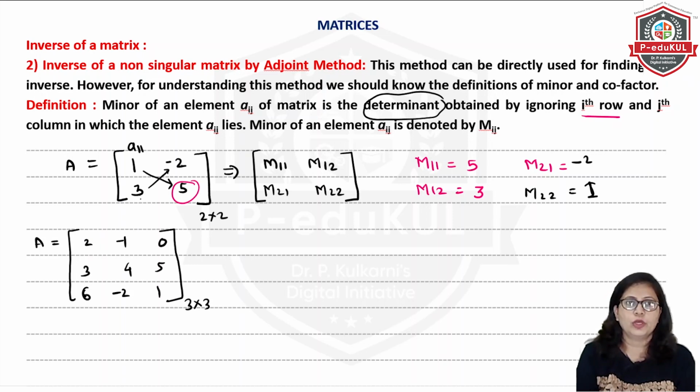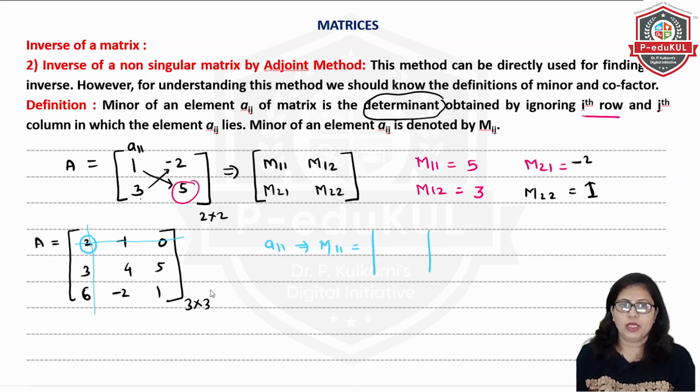Now suppose I wanted to find out the minor for this element A11. This is my A11, so I'll be ignoring this column and this row. So for A11, my M11 will be the determinant of the remaining values: 4, 5, -2 and 1. Then 4 ones are 4 minus 5 twos are 10.